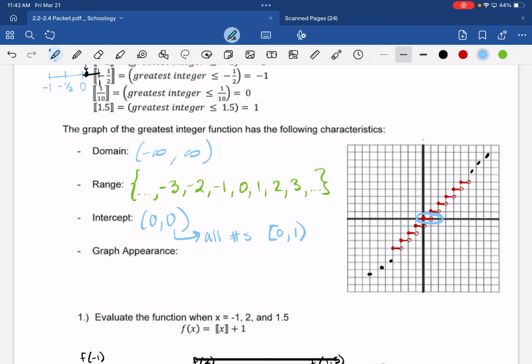Okay, so for example, 0.5 is also going to be an intercept. 0.6 is going to be an intercept. 0.04 is going to be an intercept. Okay, anything that falls in here is on that axis. Okay? In terms of our x-axis. Our y-axis, we only have this one. Okay? Graph appearance, we'll just say steps.